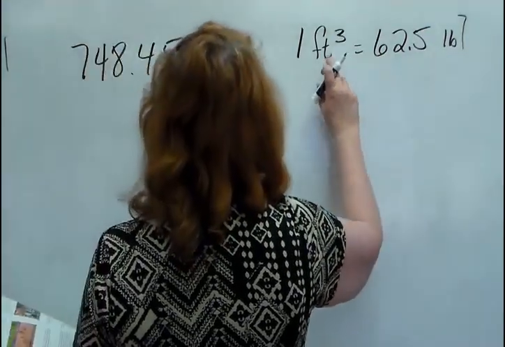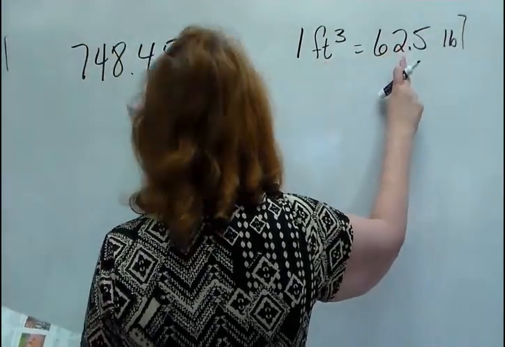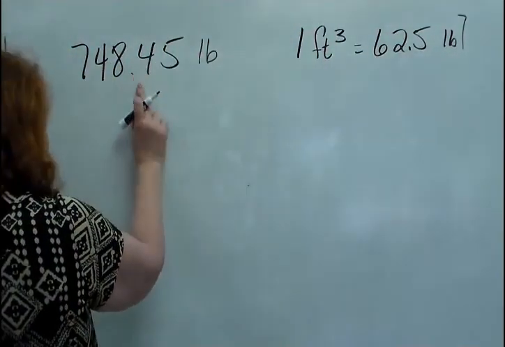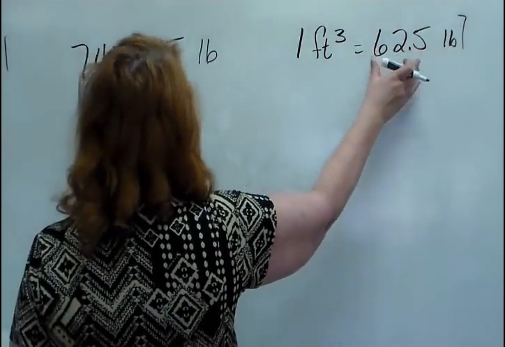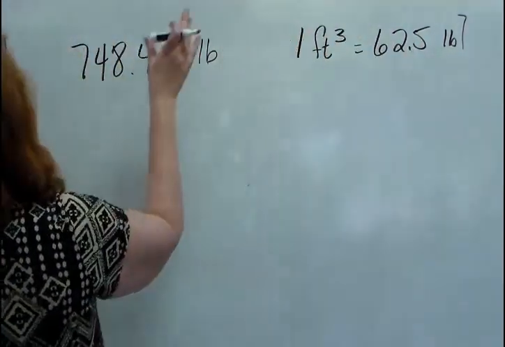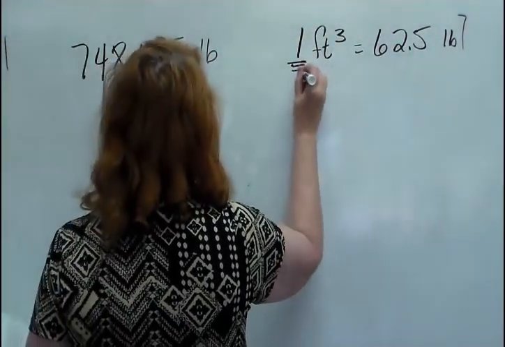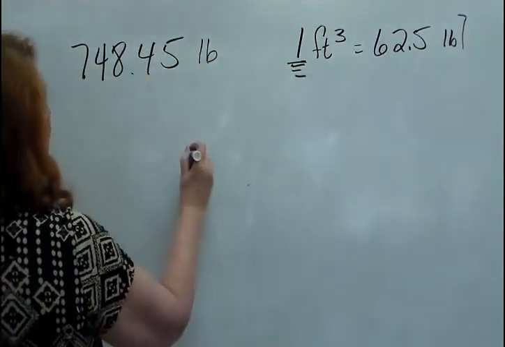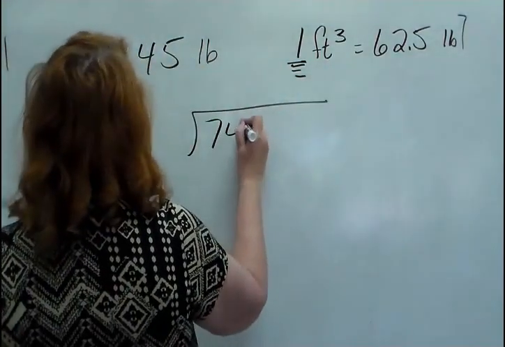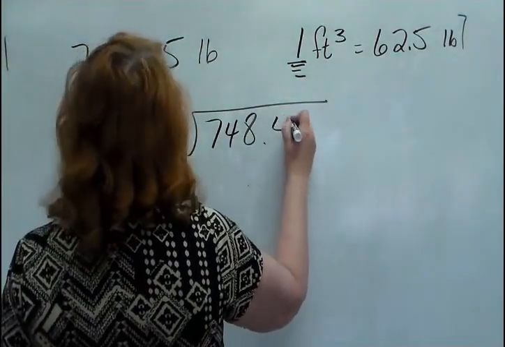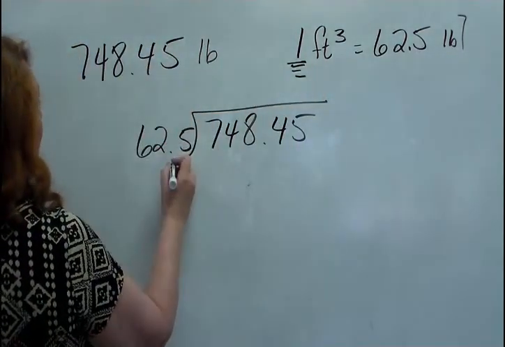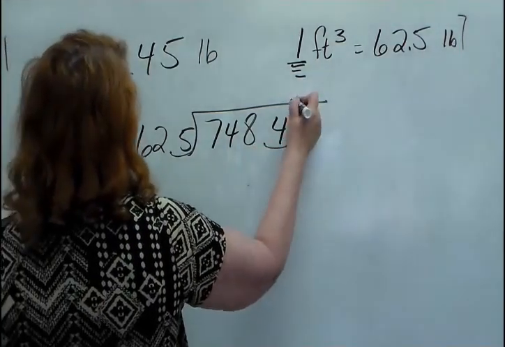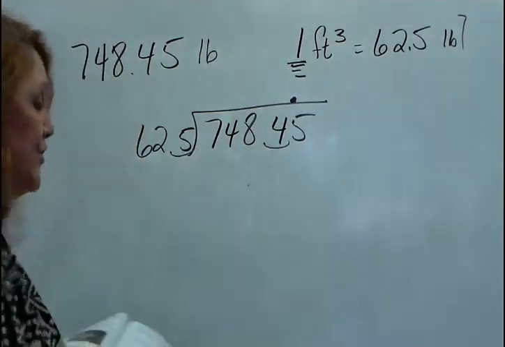If each cubic foot weighs this and the total is this, then this is a division problem. I need to know how many of these are in this so I know how many of these are in this. So I'm going to set this up dividing 748.45 divided by 62.5, and I'm going to do that long division.